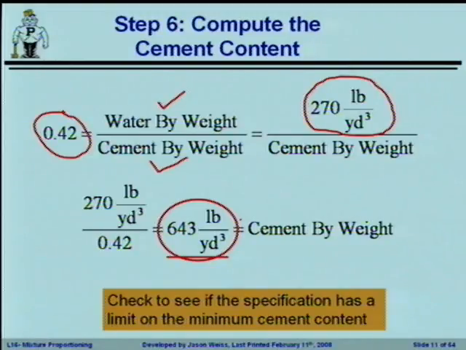If you multiply that out times 6, you end up with 564 pounds, and that's where that very odd number comes from. So if you hear people talking about 5-bag, 6-bag, 7-bag mixes, you can basically take that number and multiply it by your 94 value, and that's where that number is coming from.